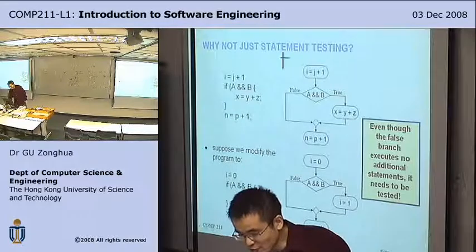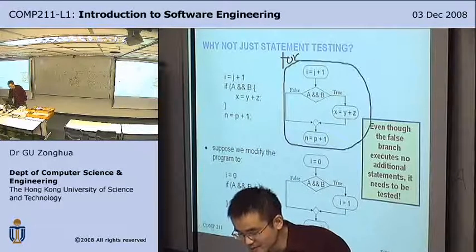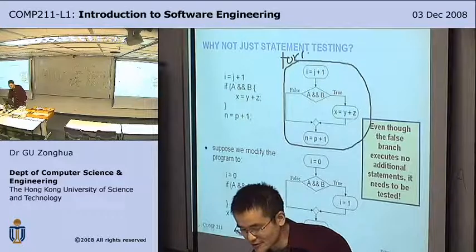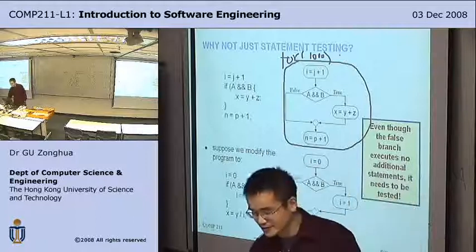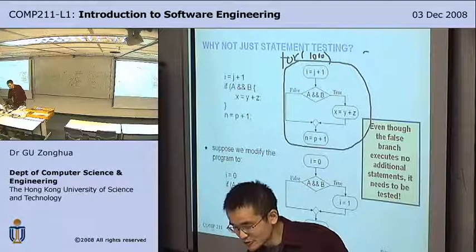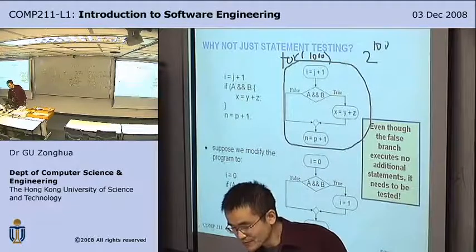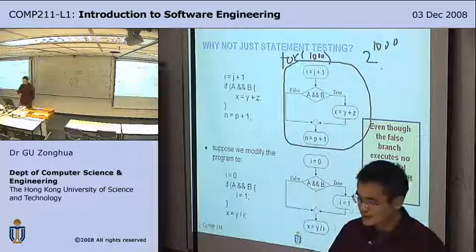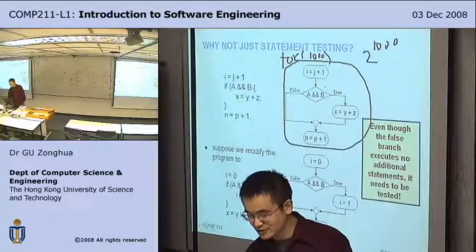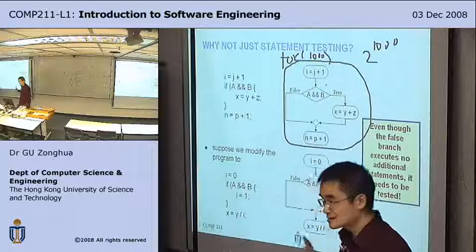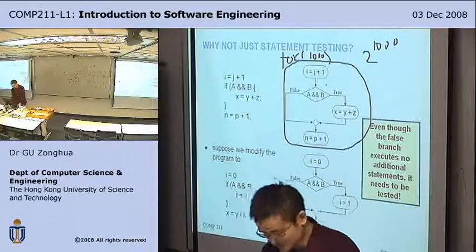You have a for loop outside of this block of code, and you run it for say 1,000 times. If you test all the possible loop paths, it'll take you 2 to the 1,000 number of paths. That's obviously not feasible. But basis path testing really tests only 2 paths. See the difference there?